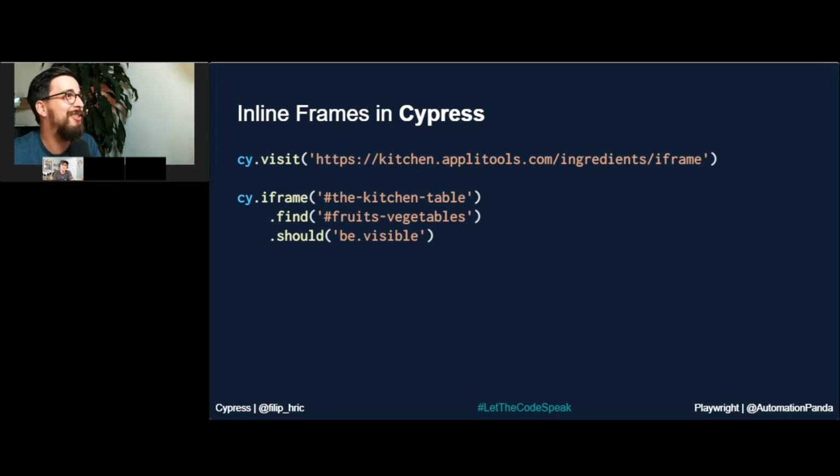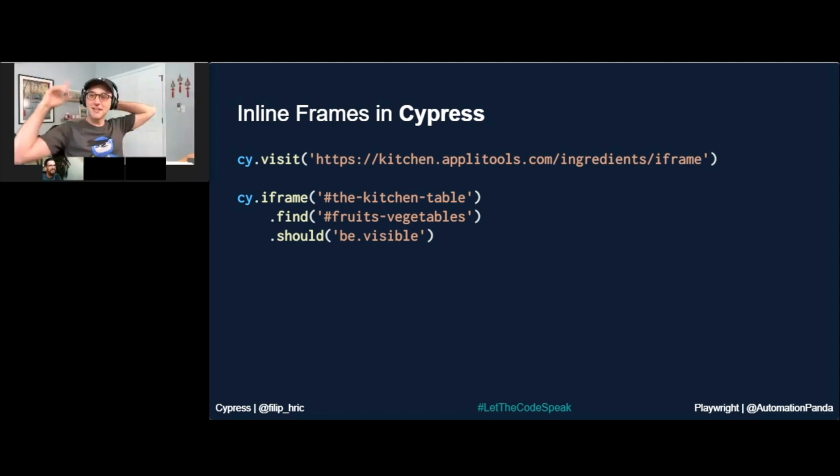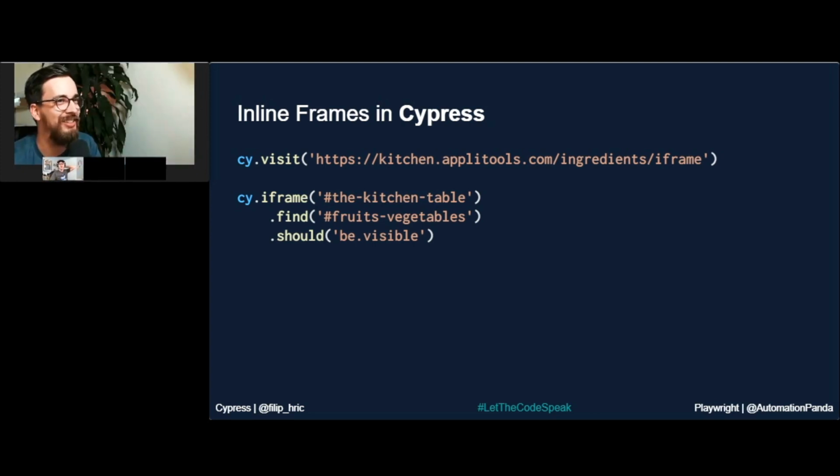I have to be honest here, the iframe command is actually a plugin. So what? Currently, yeah, sorry, is that cheating? What? Whoa. So you mean to tell me that Cypress can't handle iframes on its own? I mean, it can, but not as elegantly as you can see right now.